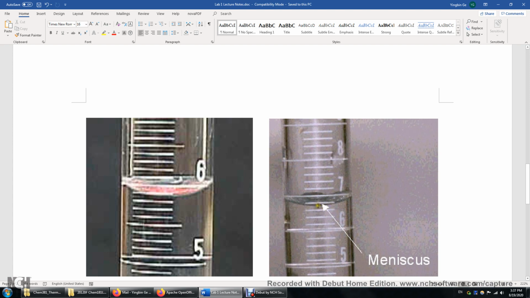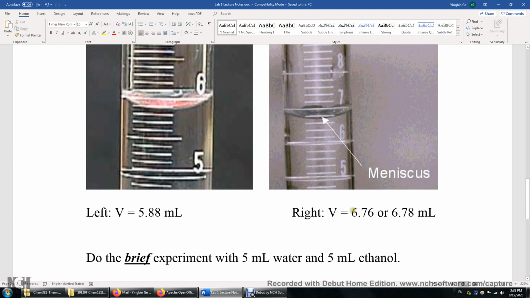If you compare this meniscus and 6.6 and 6.8, I would say it's roughly 80% above 6.6, 20% below 6.8. So based on that estimate, it's roughly 6.6 plus 0.2 times 80%. So my estimate is 6.76 milliliters. Well, if you say this volume of the liquid is 6.78, it's also correct. So again, the last digit is your estimate.